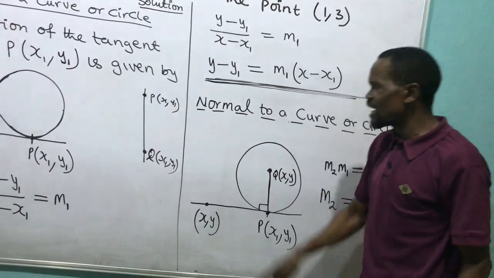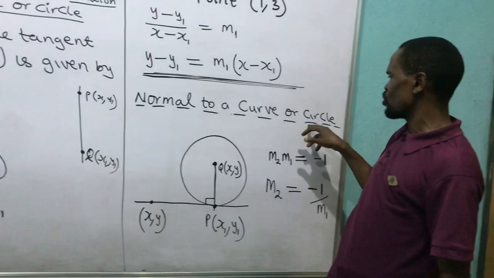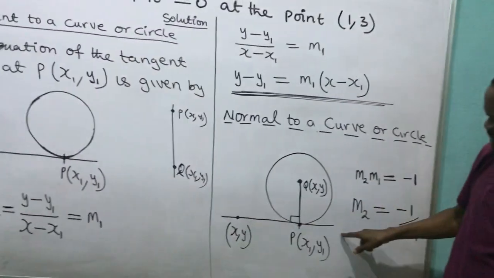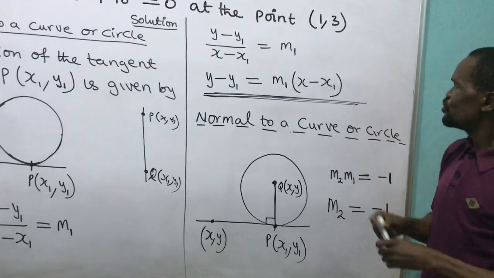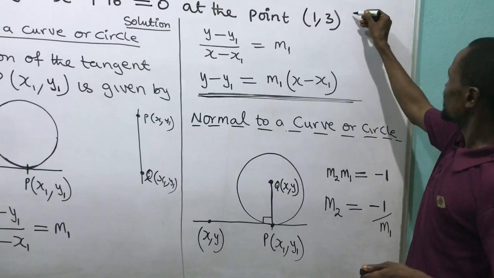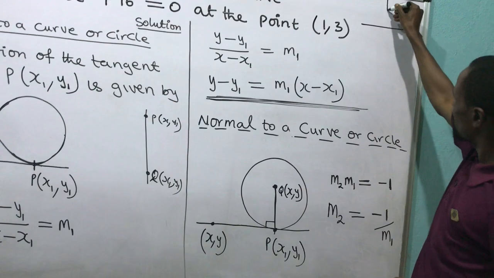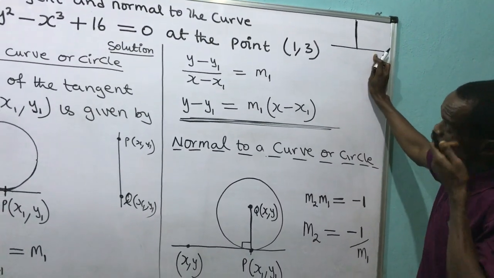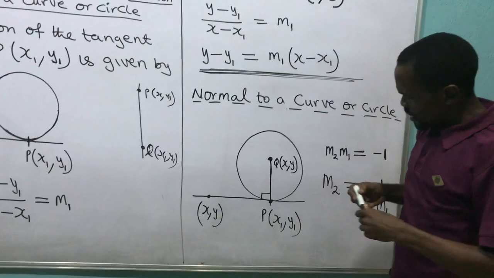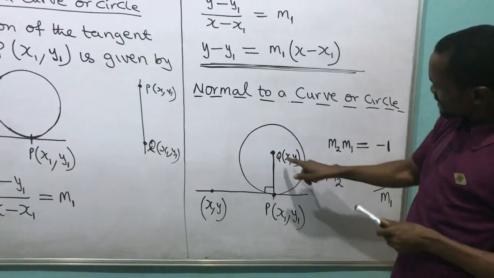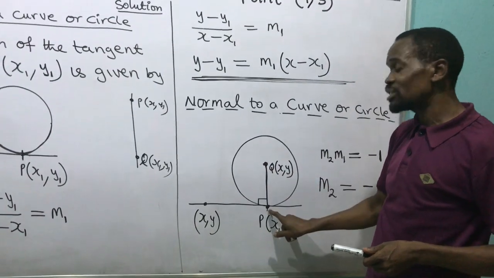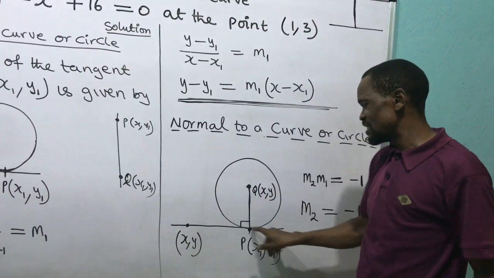Then coming to normal to a curve or circle. Look at the tangent line and look at the normal. When you draw a line like this, a perpendicular line becomes a normal line to it. So a normal to a curve is a line drawn from the center through that point of the circle or curve to the line that is tangential to it.